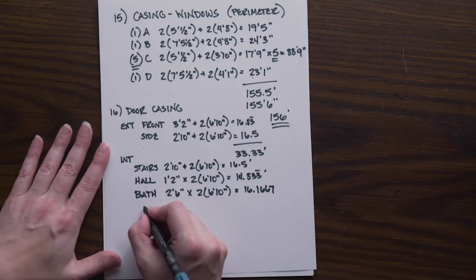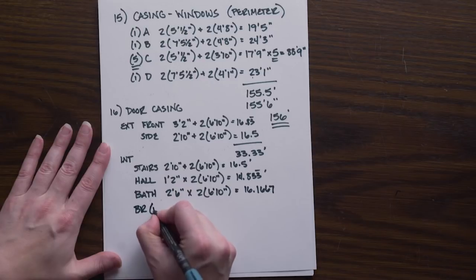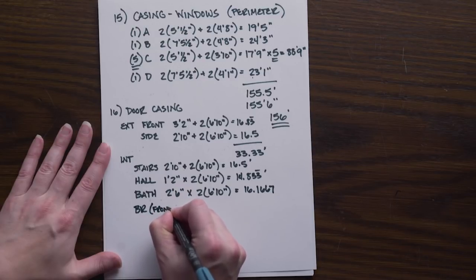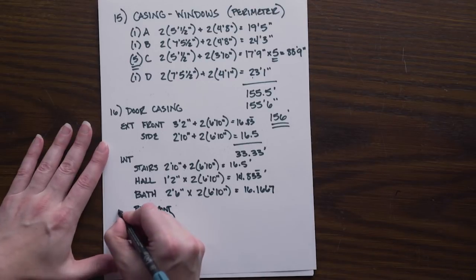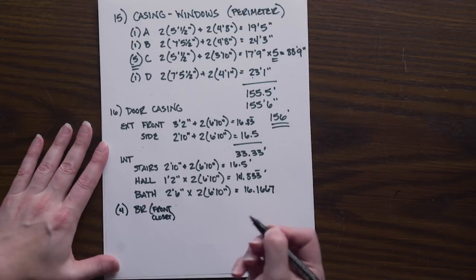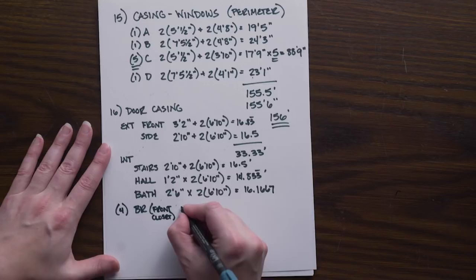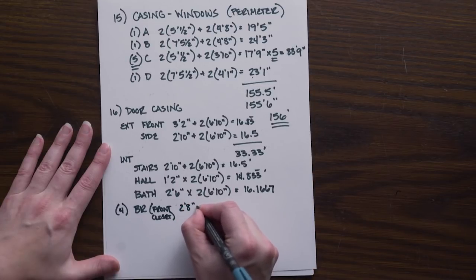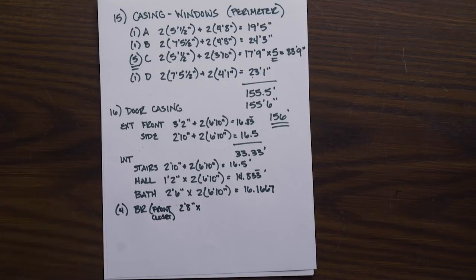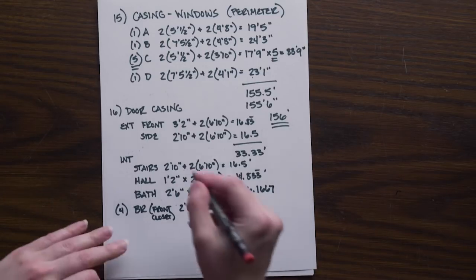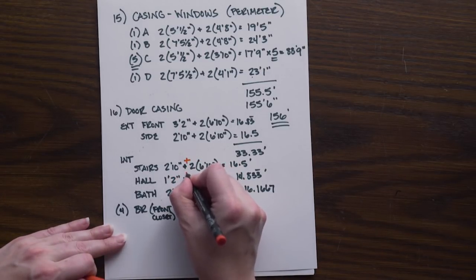We have our bedrooms and front closet. So we have 4 of these that are 2 foot 8. Sorry. All of these should be addition symbols if that's not clear.